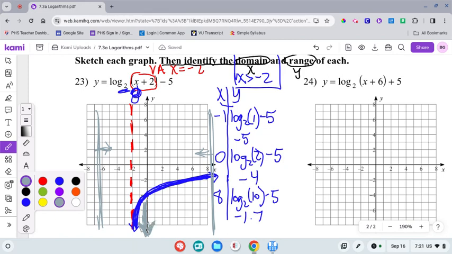The arrow is going down forever, and then crushing this blue line, there's an arrow on the end of it which goes up forever. That's going to go down forever. That's going to go up forever. That range is everything. That range is going to be all real numbers. Everything.